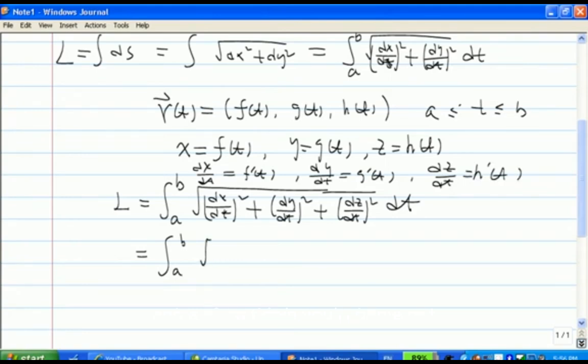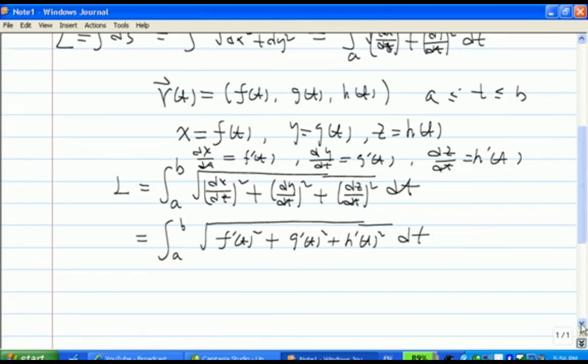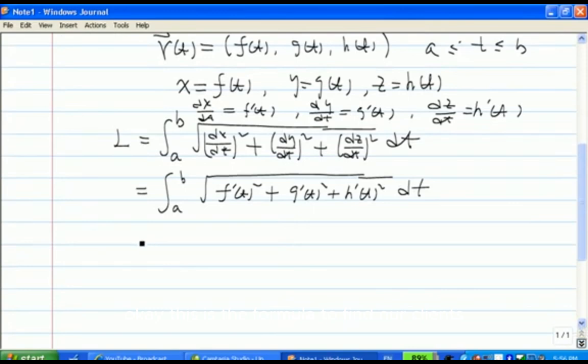So therefore, this is equivalent to saying you have the square root of f prime of t squared plus g prime of t squared plus h prime of t squared, dt. Okay, this is the formula to find arc length for the given curve by vector function r. And there's a shorter way to write that: the integral of the magnitude of r prime of t, dt.